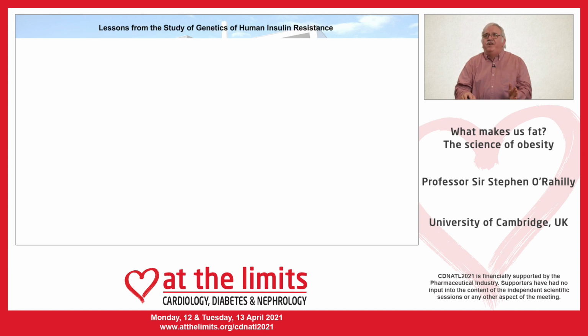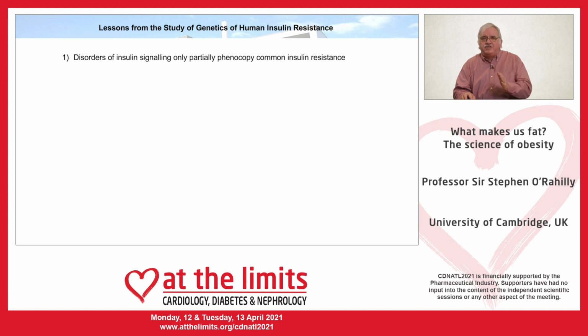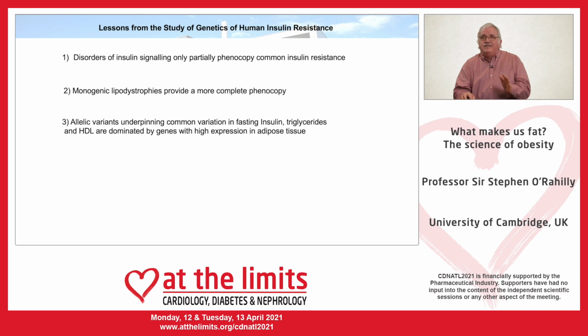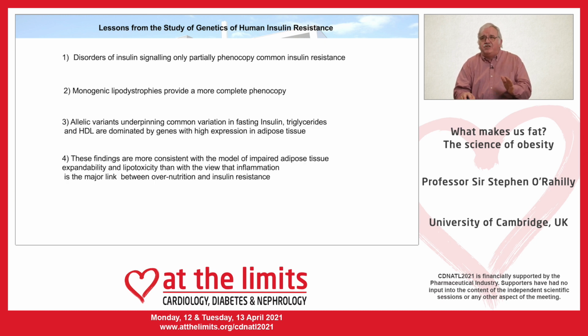So the lessons that we've learned from studying the genetics of human insulin resistance: if we have people with disorders of insulin signaling, they're not really like people with common metabolic syndrome. They only have part of the problem. If we look at people who have lipodystrophies, their problems look just like those of obese people with metabolic disease. When we look at the genetic variation that underpins metabolic syndrome in the general population, it's dominated by genes in adipose tissue.